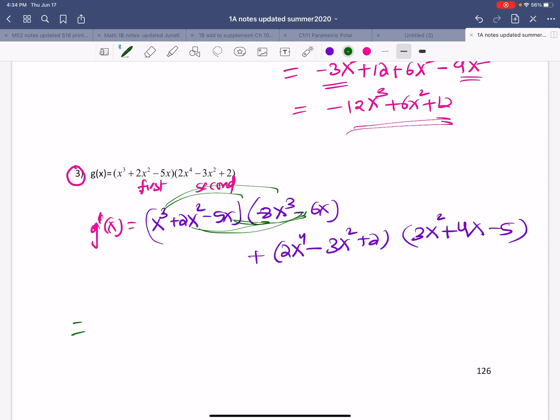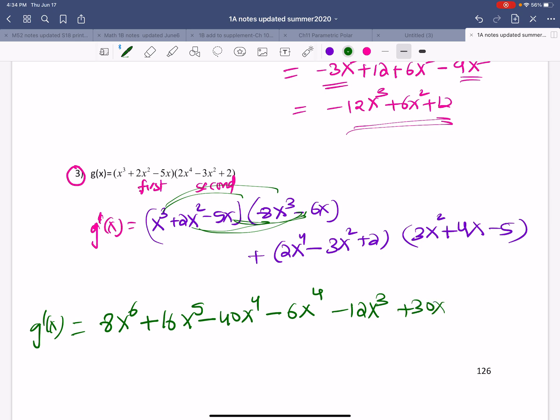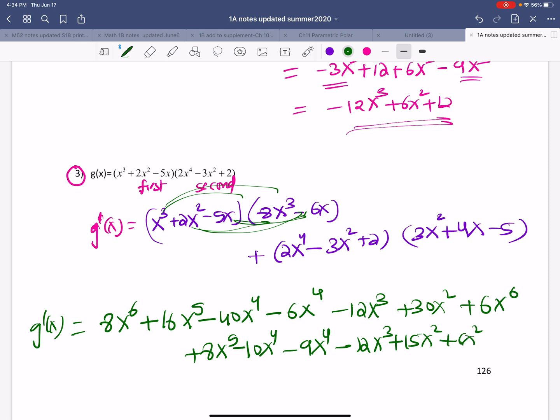But in this case, let's go ahead and open it up and see what it turns out to be. It's going to be 8x to the 6th plus 16x to the 5th minus 40x to the 4th minus 6x to the 4th minus 12x to the 3rd plus 30x squared plus 6x to the 6th plus 8x to the 5th minus 10x to the 4th minus 9x to the 4th minus 12x to the 3rd plus 15x squared plus 6x squared plus 8x minus 10.